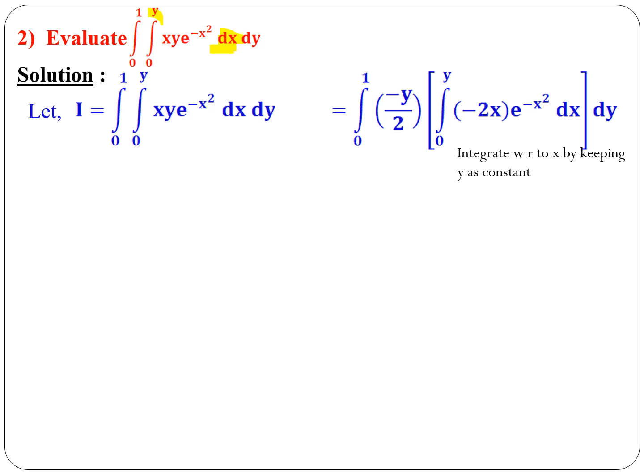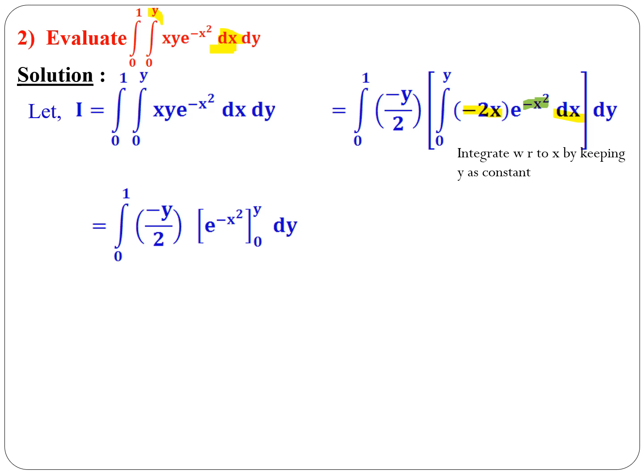How can you integrate? Here you can put minus x square as t, then minus 2x dx will be dt. If you put minus x square equal to t, it will be e raised to minus t dt. Its integration will be e raised to minus t, so here e raised to minus x square, and its limits are given as 0 to y.